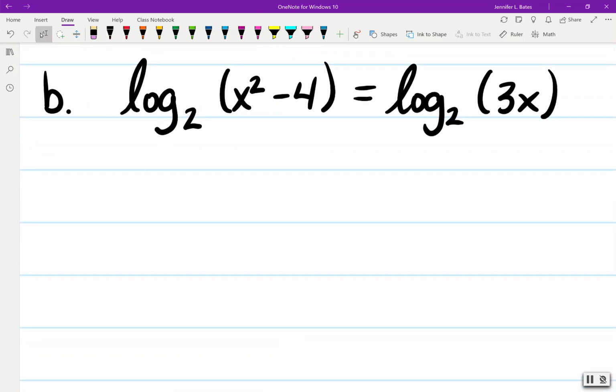Alright, so that property said if we have logs with the same base, for them to be equal, the arguments have to be equal. So we're going to drop down the argument. So x squared minus 4 is equal to 3x.